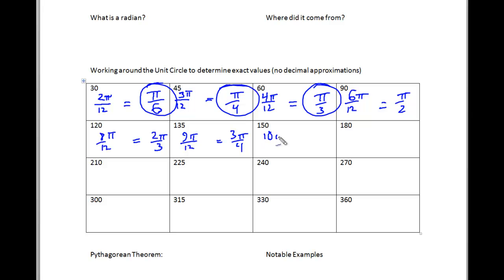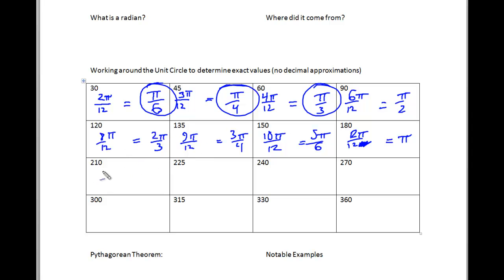This is 10 pi over 12, which is equal to 5 pi over 6. And let's go with 12 pi. We're finally at 180 degrees, so we're 12 pi's out of 12, excuse me, and that reduces to just 1 pi, or just pi. So 180 degrees is pi units around the circle, or pi radians. So this gives us halfway through the circle.